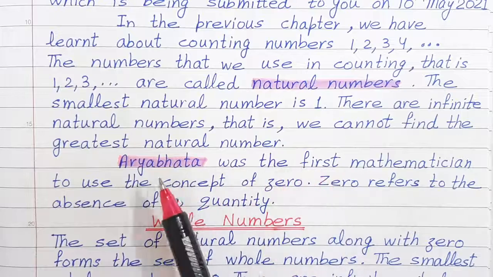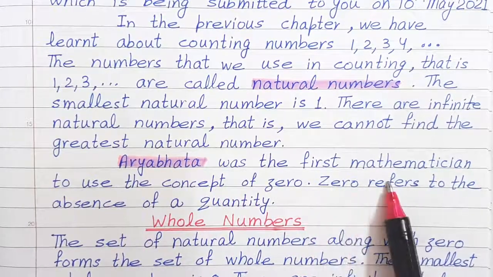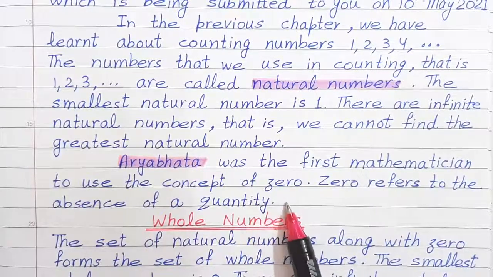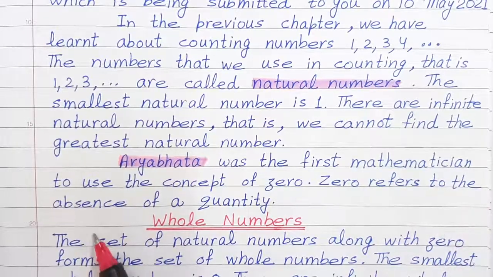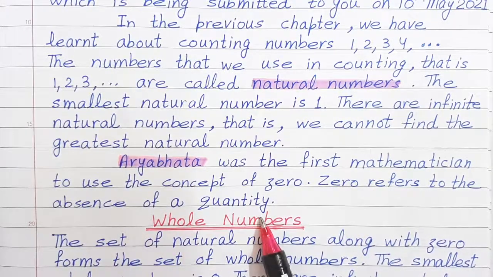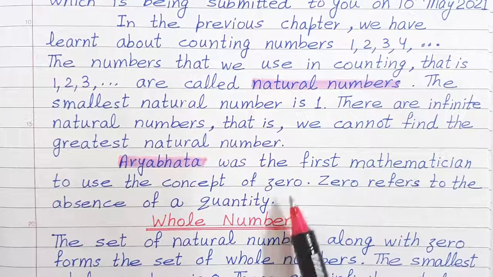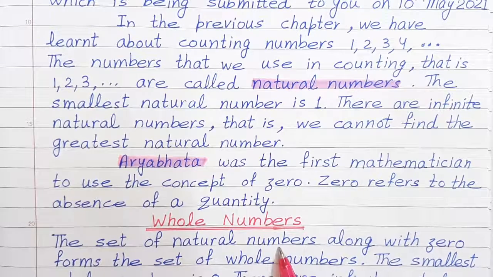Children, Aryabhatta was the first mathematician to use the concept of zero. Zero refers to the absence of a quantity. Now, zero was included in natural numbers and then it is called whole numbers.